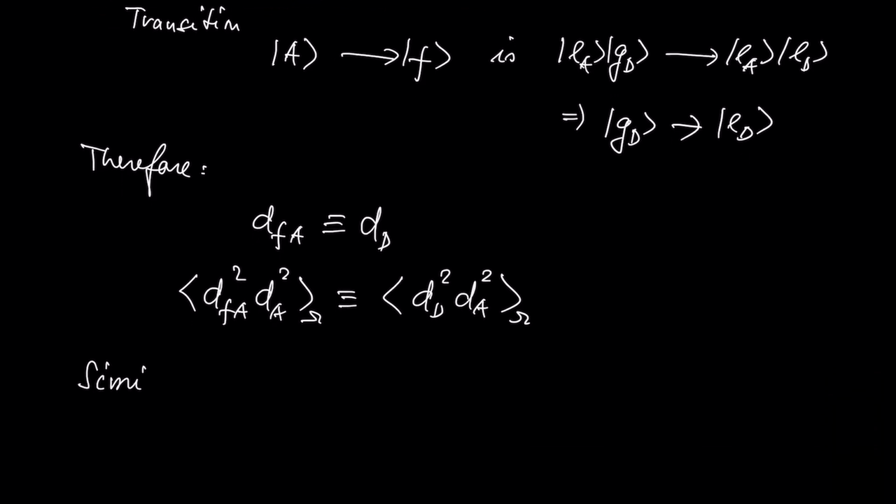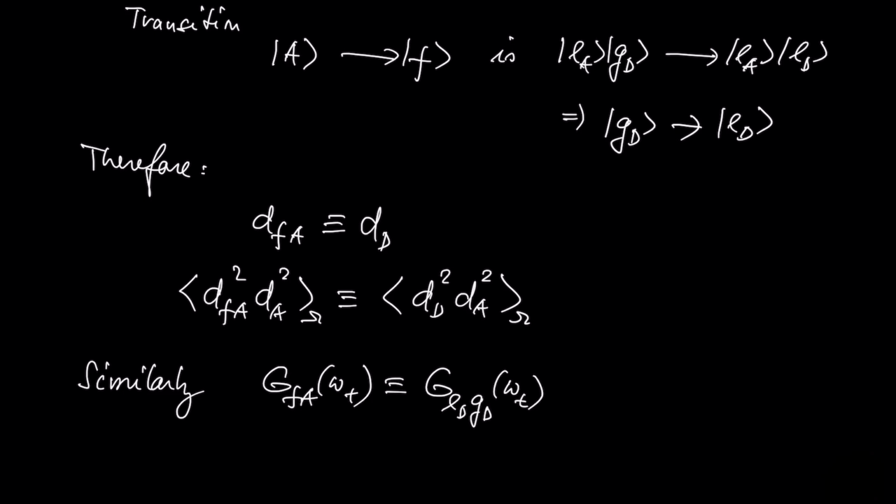And similarly the GFA omega T is going to be, let's say, GED GD omega T, which is nothing else than g dg omega T. That's the line shape of the transition on the donor molecule.